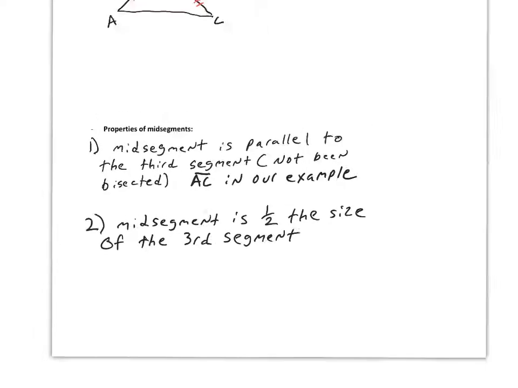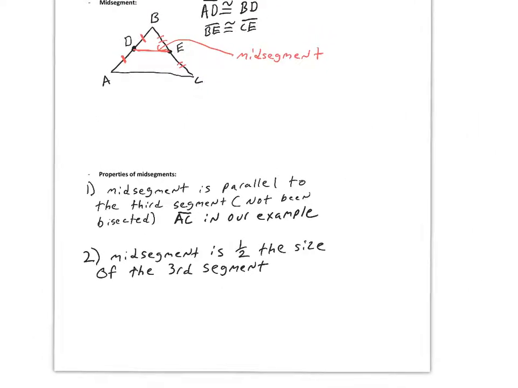So we could say that side DE, our midsegment, is equal to 1/2 of side AC. We can use those properties to find out a lot of interesting things about the parts of that triangle.